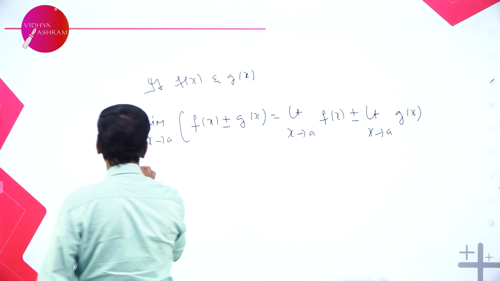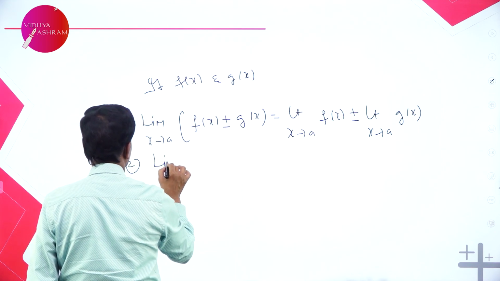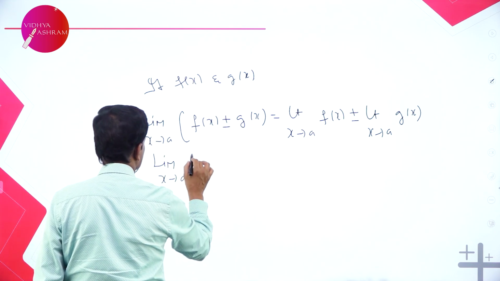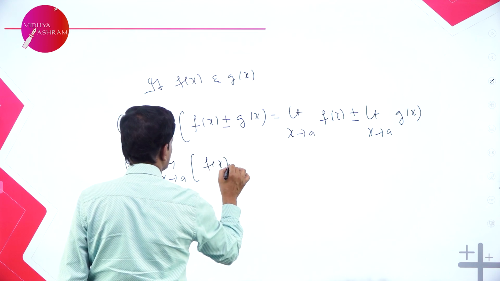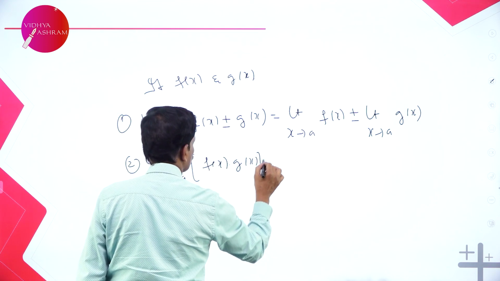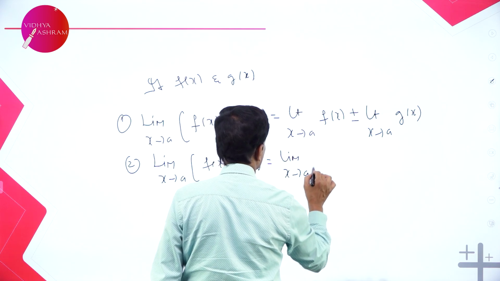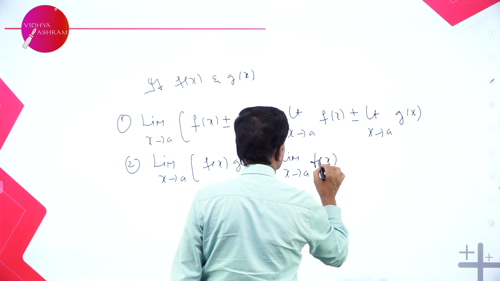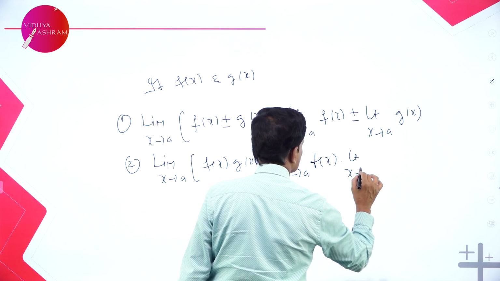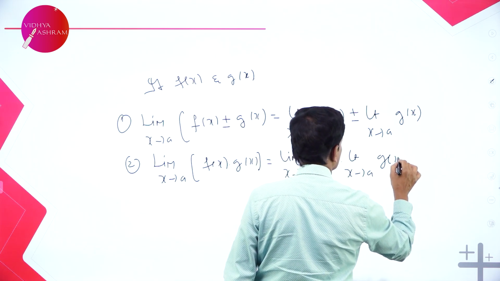Now the second one: suppose it is of the form limit x tends to a of f of x into g of x. So this is equal to limit x tends to a of f of x into limit x tends to a of g of x.